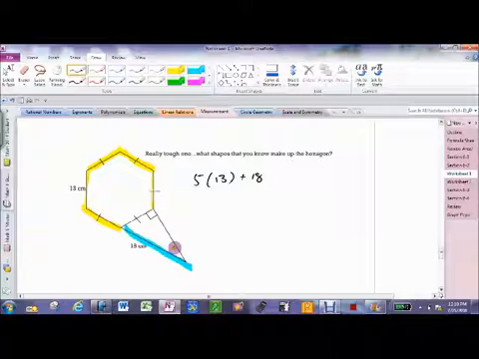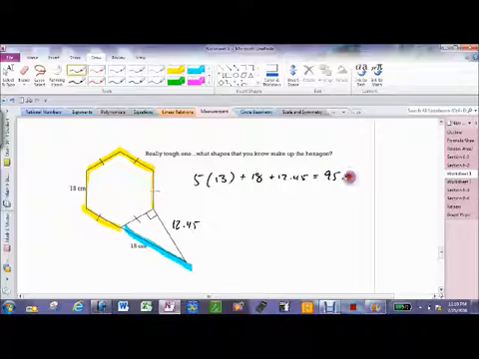I've already done it with Pythagoras, right? 18 squared minus 13 squared gets me that. So I go to my calculator. We knew this was 12.45, so that has to be plus 12.45 to get you a total of 65 plus 18 plus 12.45, 95.45. That was 2 marks for each, making that question out of 4.